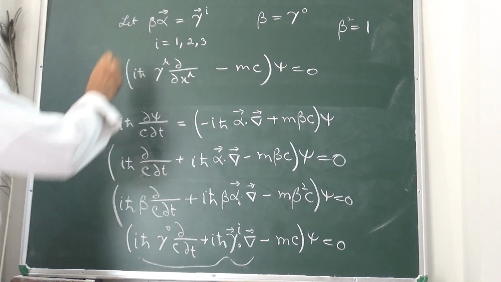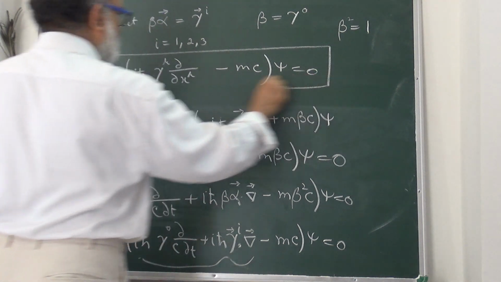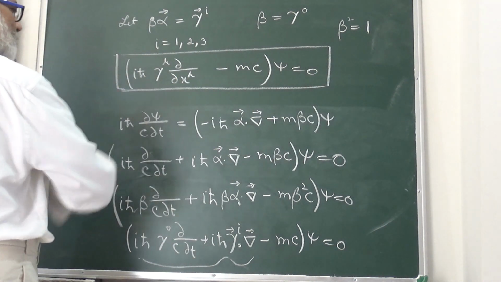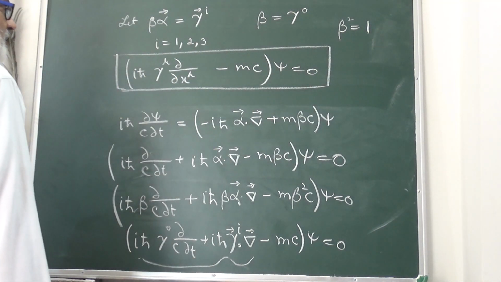So this is our Dirac equation for spin half particles.